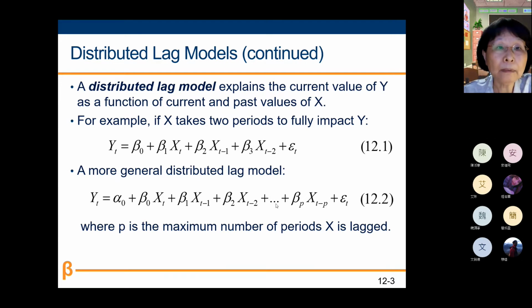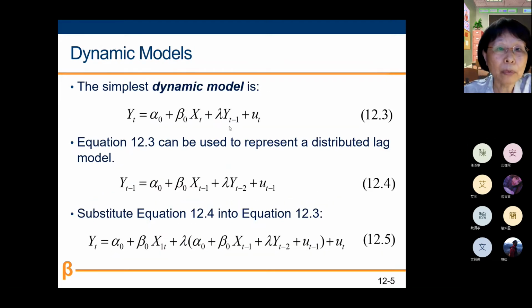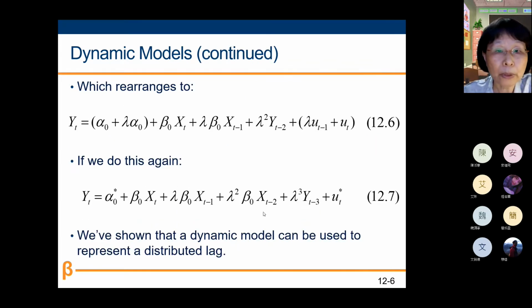For the dynamic model, it's just one current x with one previous dependent variable. But the dynamic model can be expressed as a distributed lag model, which means I will not have the yt minus 1 anymore. I will continue to have that distributed lag model.